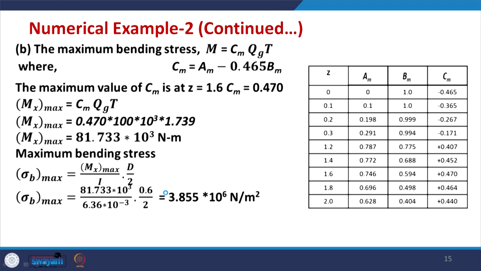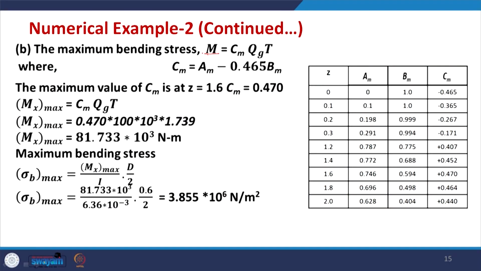To calculate the maximum bending stress you will require the bending moment first, and again the bending moment M is not constant, rather it varies with the depth according to Cm. So, M will be maximum wherever you have the Cm value maximum. You could see here that Am and Bm are given and Cm is varying: 0.465, and this is decreasing. Then it becomes somewhere 0 and again keeps increasing: 407, 452, 470.